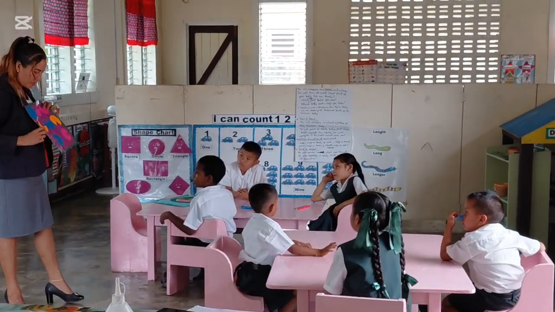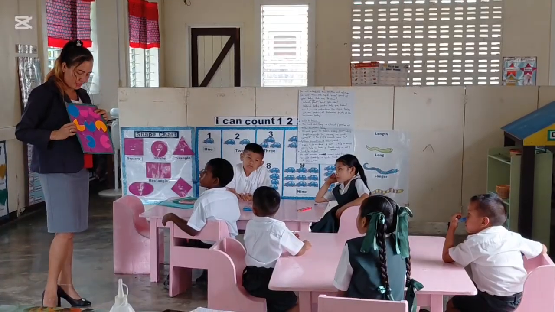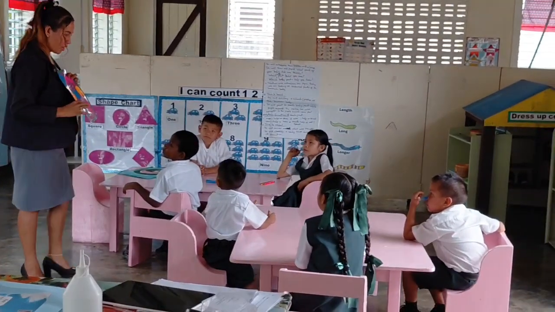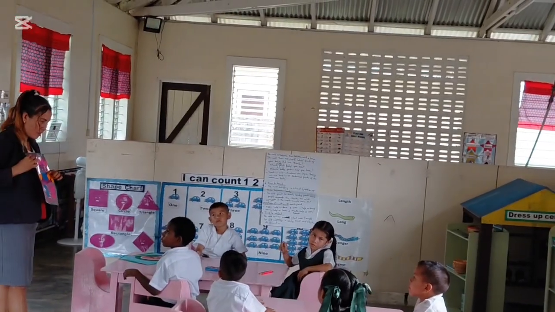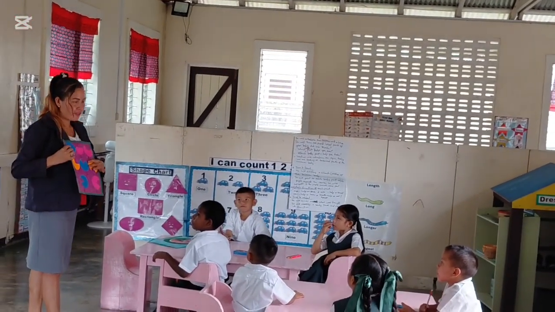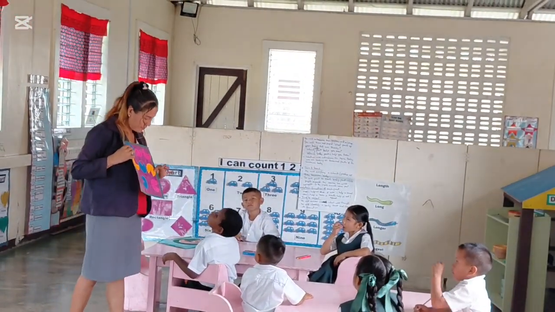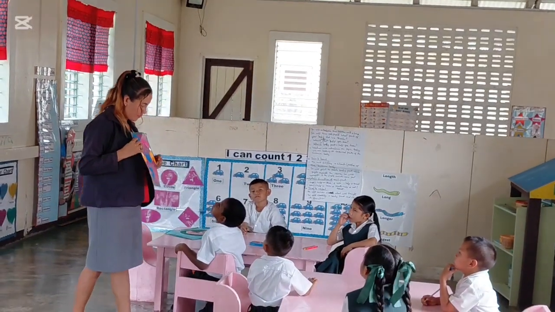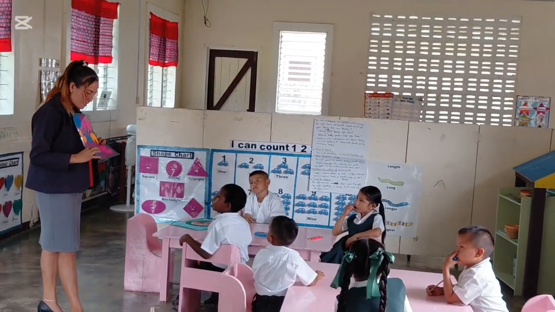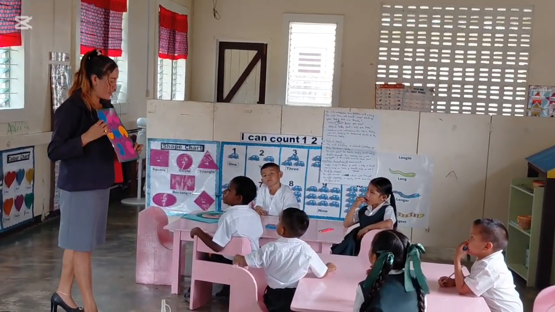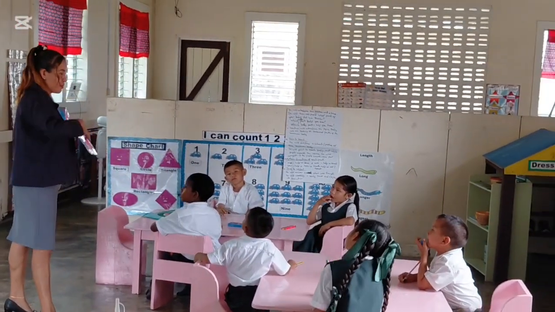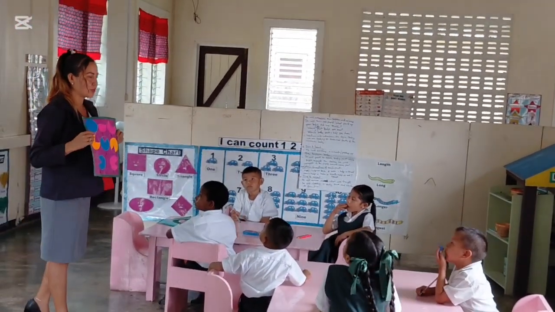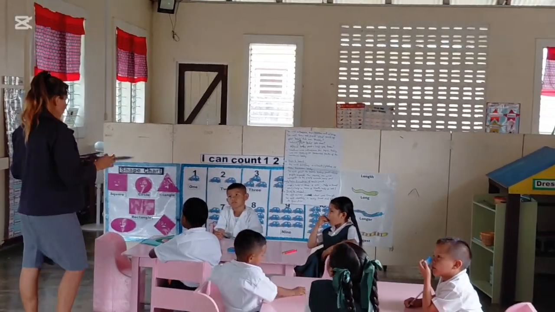Good. 1/3. Quarter or 1/4. 1/5. 1/6. 1/7. 1/8. Good. These are the different parts of a fraction showing you, right? Good.